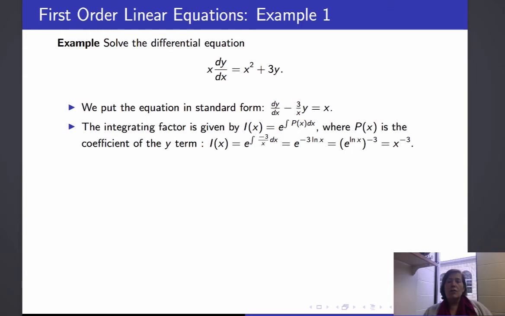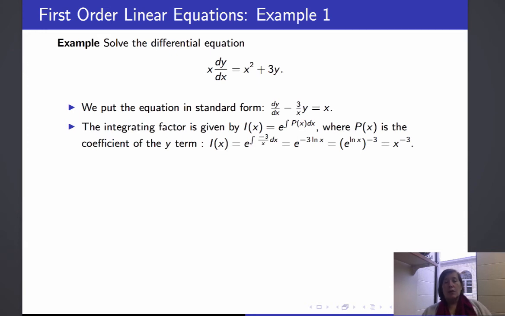So I of x is e to the power of the integral of minus 3 over x dx, and of course the integral of 1 over x is the natural log of x, so that's e to the minus 3 times the natural log of x. We know that e and the natural log are inverses of each other, so that boils down to x to the minus 3, or 1 over x cubed.